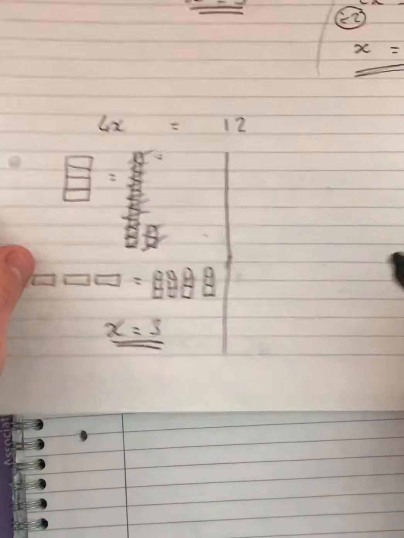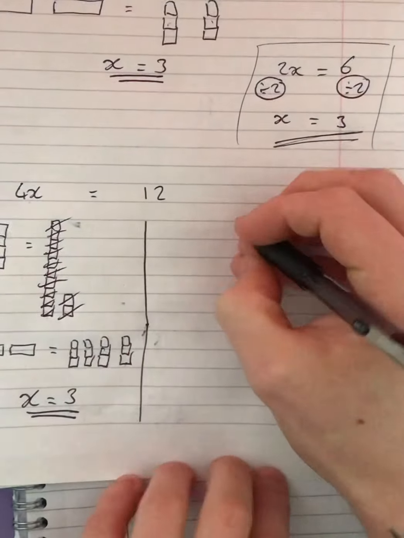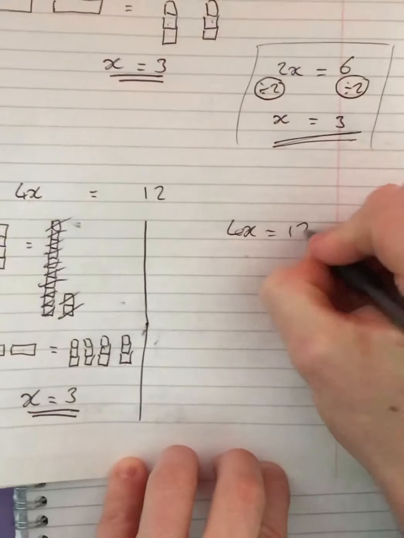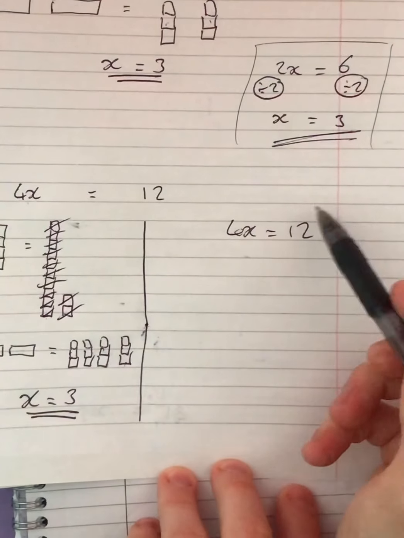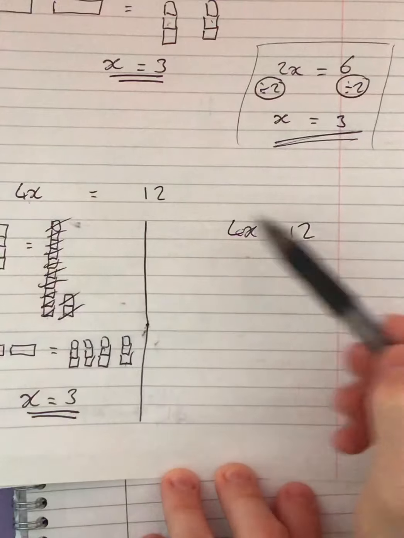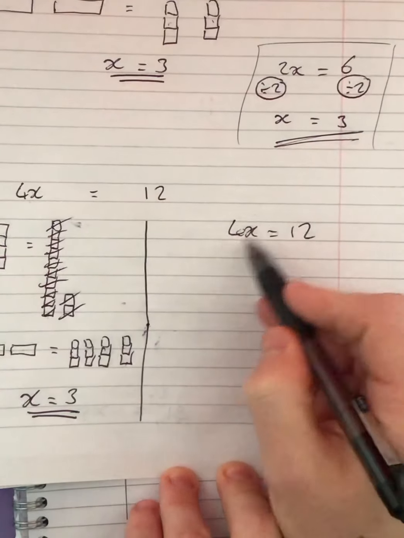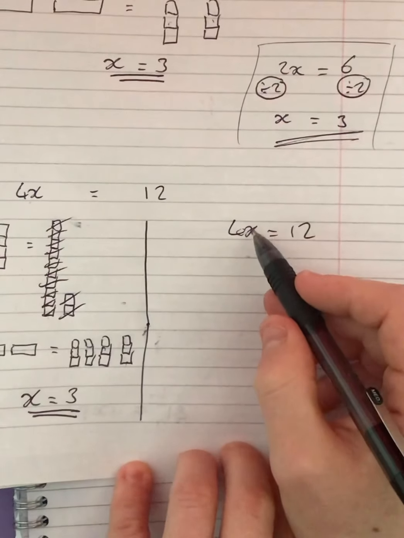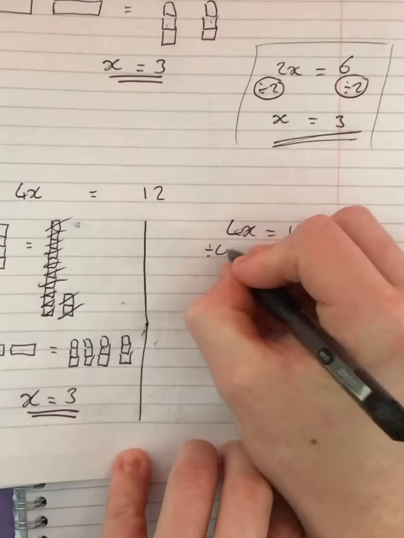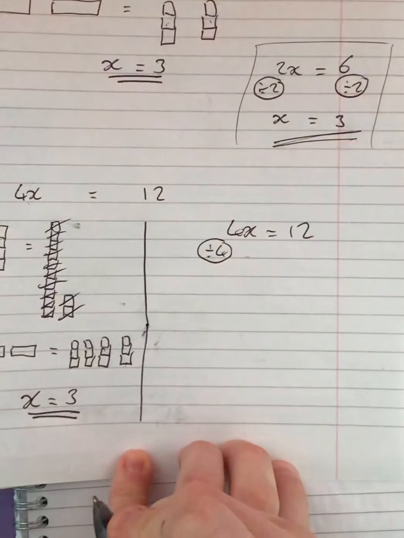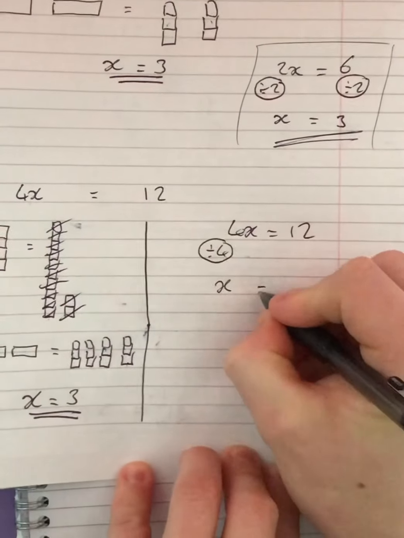The second way of doing it, guys, and for one where there's a lot of drawing of the units involved, this is a little bit nicer, I think, this way of doing it. So we've got 4x. We've got 4 of our unknowns, so we know we're going to have to split it into 4 equal groups. And there's going to be 1 unknown in each group.